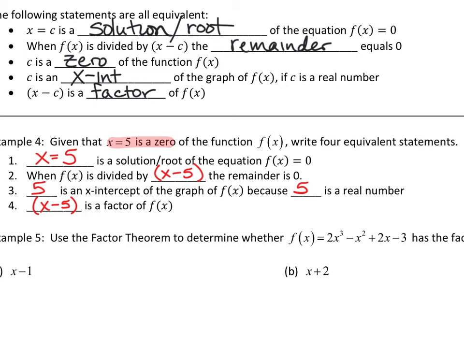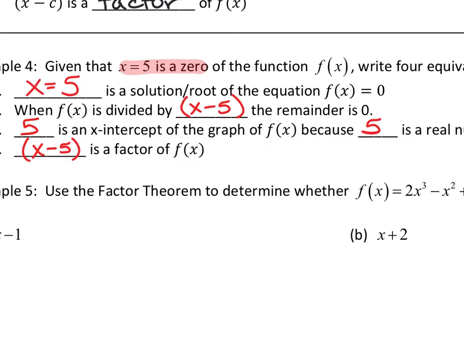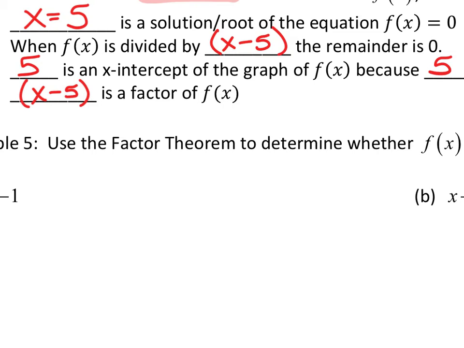So here's the type of question I can ask you. It asks you to use the factor theorem to determine whether f of x equal to 2x cubed minus x squared plus 2x minus 3 has the factor listed below. I'm going to show you both ways, not long division, because I'm sure you don't want to see that again.